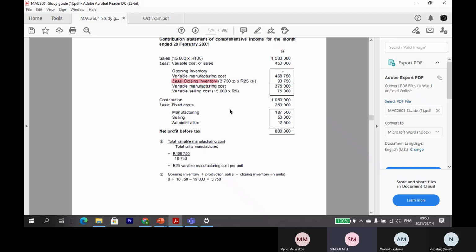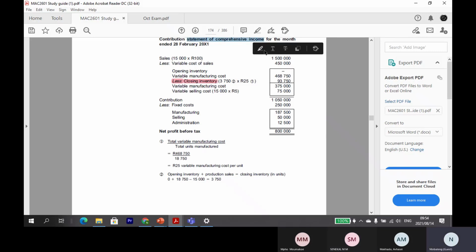Get into the habit of saying opening and your cost, then less your closing inventory, because most of the time you get marks for presentation.